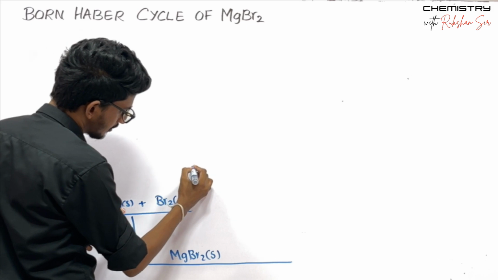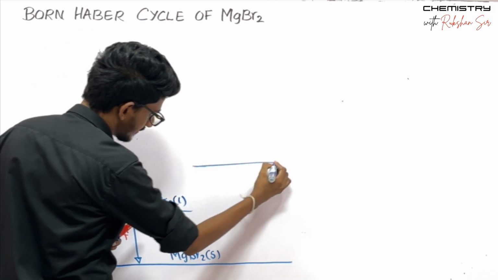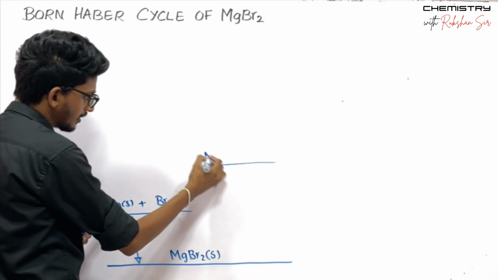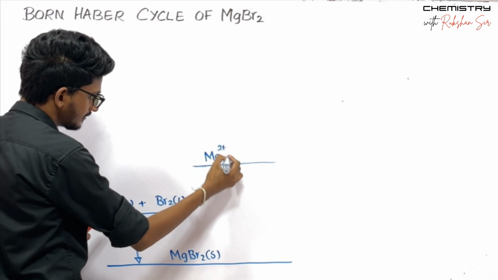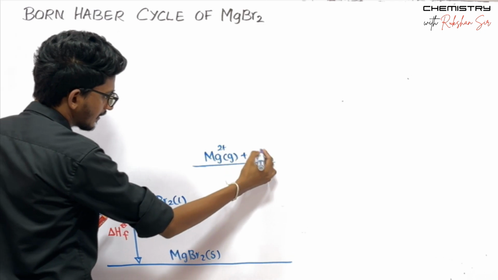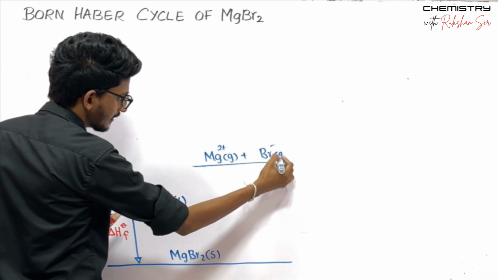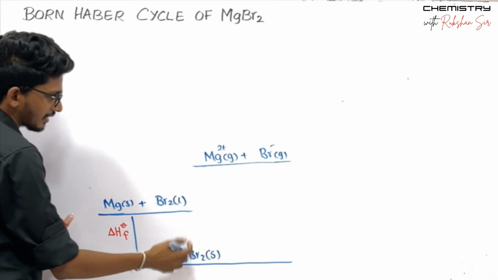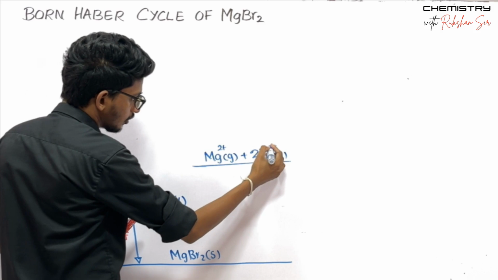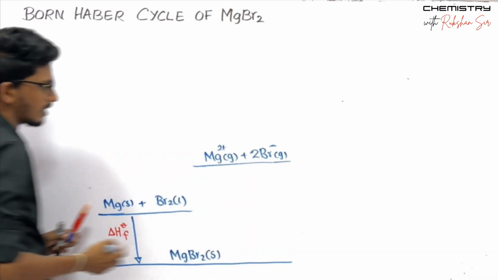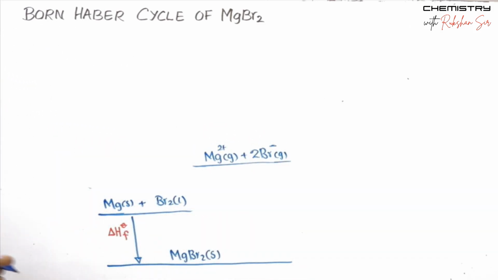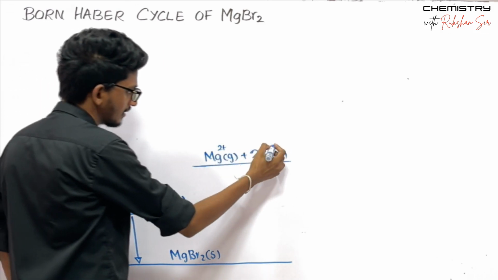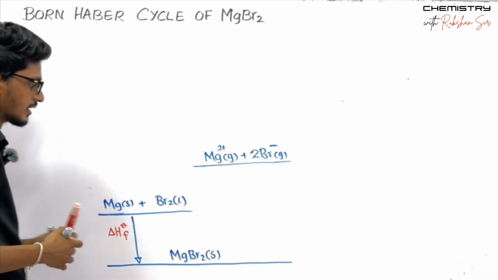In the gaseous state, so Mg2+ ion in the gaseous state and Br- ion in the gaseous state. And two Br- are needed, since each and every state of the same system should be mass conserved. So two Br-.